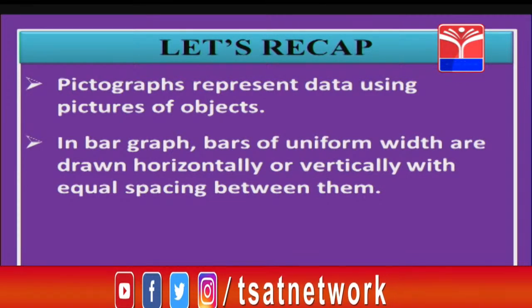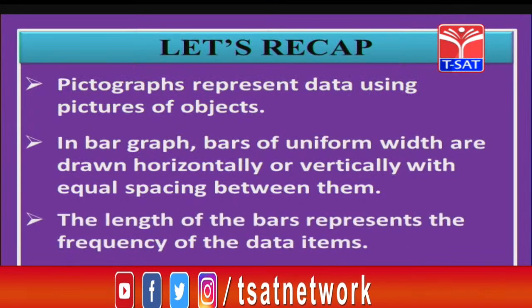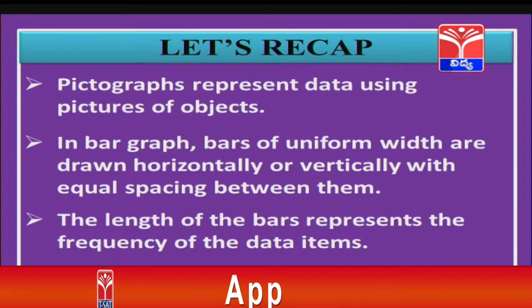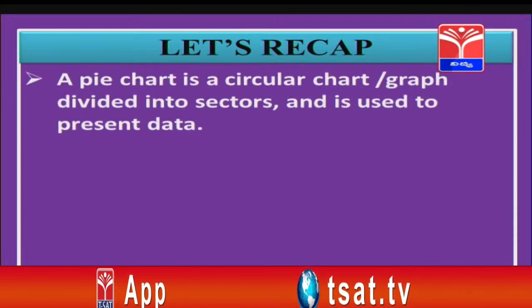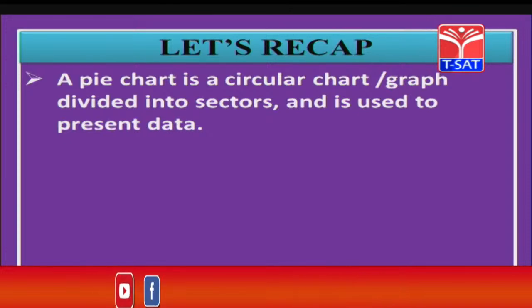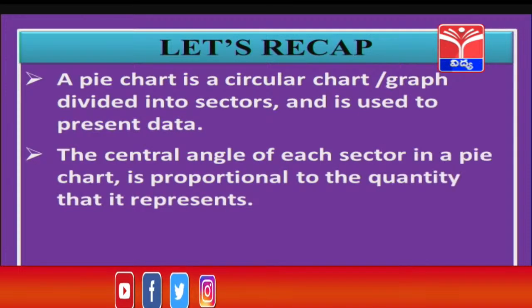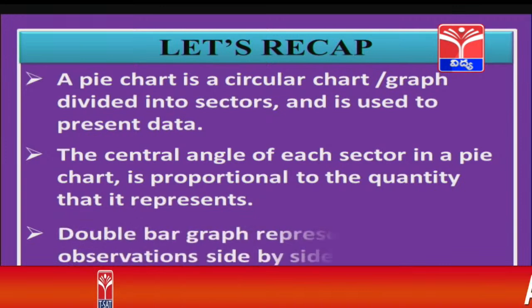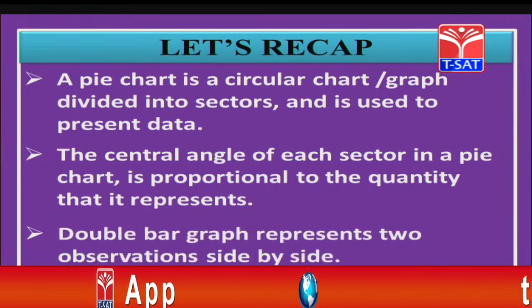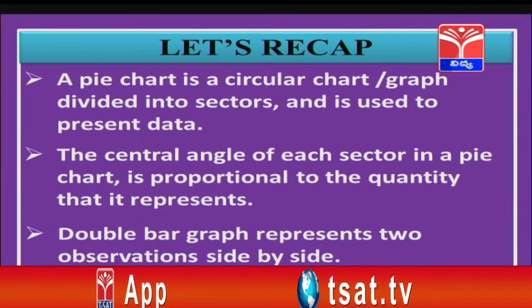The length of the bar represents the frequency of the data. A pie chart is a circular chart which is divided into sectors and is mainly used to present the data. The central angle of each sector in a pie chart is proportional to the quantity that it represents. And a double bar graph generally represents two observations side by side.